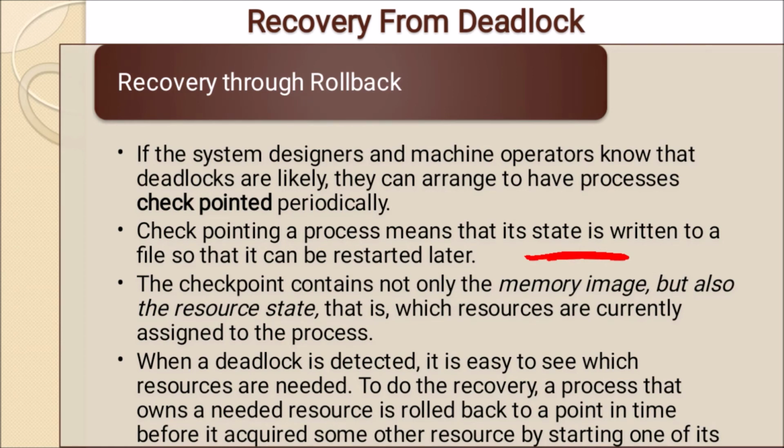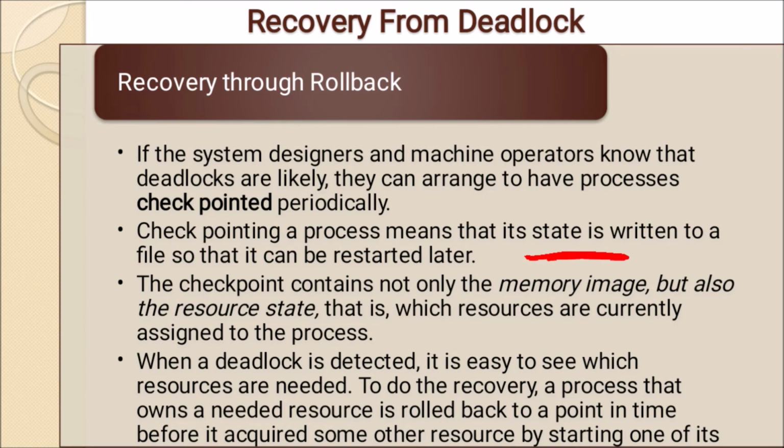If the system designer and machine operators know that deadlocks are likely, they can arrange to have processes checkpoint periodically. Checkpointing a process means that its state is written to a file so that it can be restarted later. The checkpoint contains not only the memory image but also the resource state, that is, which resources are currently assigned to the process.